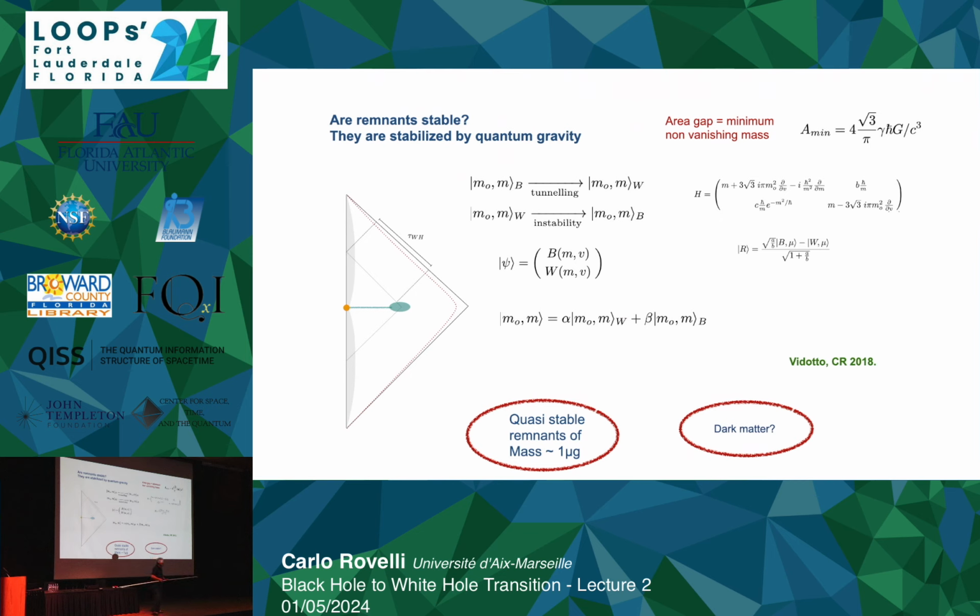They would not be seen, so they would be dark, and they would matter, and they would fill the universe. So there would be dark matter in the universe. So there is something very tempting here to consider these possible candidates for dark matter.